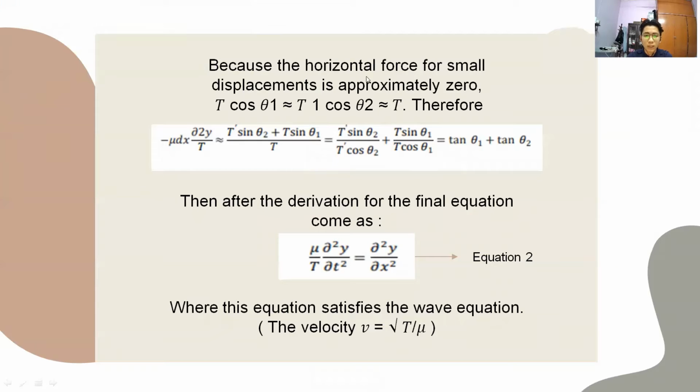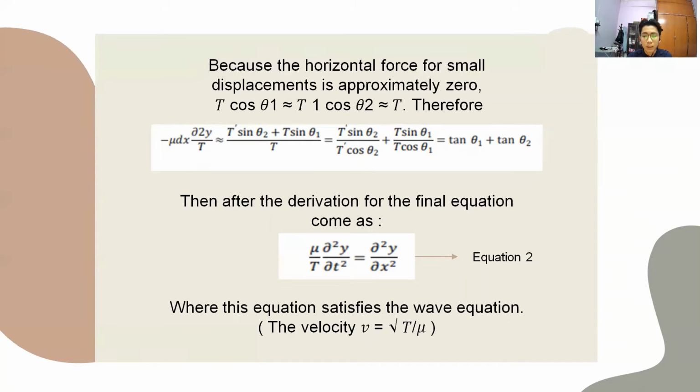Because the horizontal force for small displacement is approximately 0, so that t cos theta 1 approximate t1 cos theta 2 approximate t. Therefore, we will get negative mu dx delta y over t approximate t prime sine theta 2 plus t sine theta 1 over t. From here, we will get t prime sine theta 2 over t prime cos theta 2 plus t sine theta 1 over t cos theta 1.